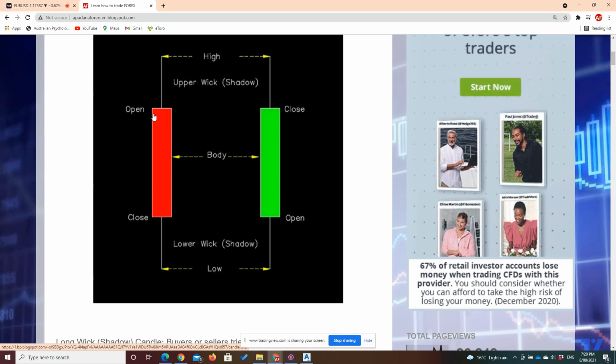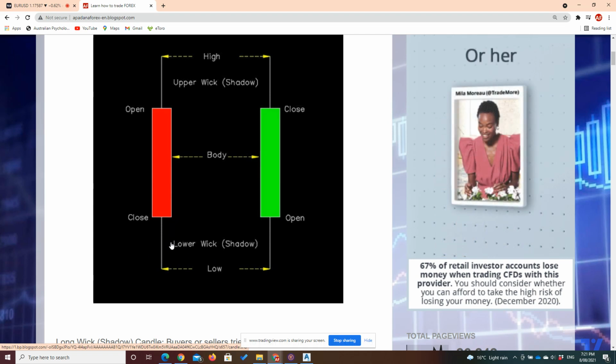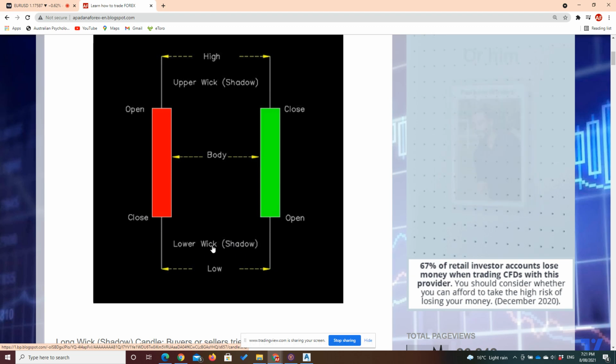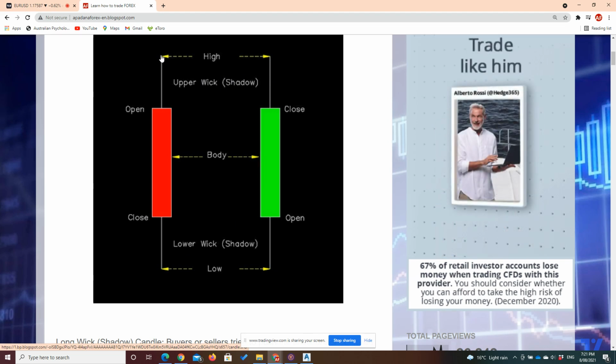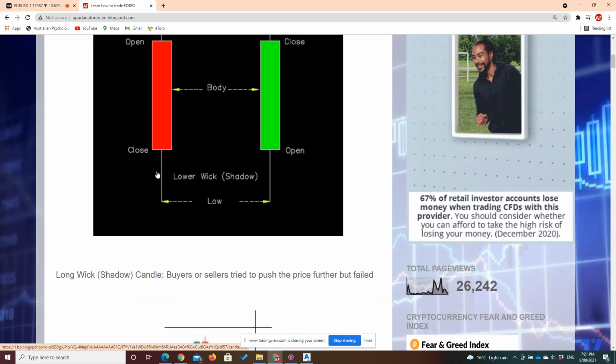So it gives you a good idea when you compare that to the shadows or wicks. Here you can see the lower wick or lower shadow, and here you can see the upper wick or upper shadow. So these things give you a very good idea.